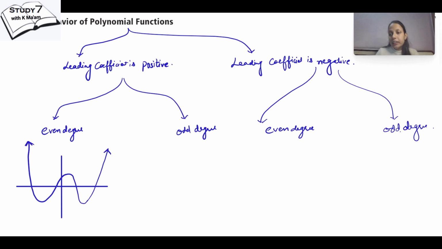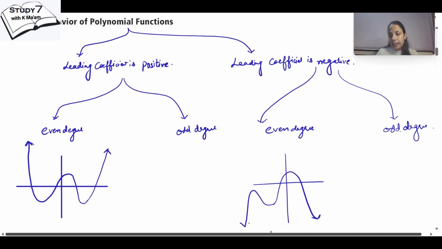Same in an even degree, if the coefficient is negative, it will show downward behavior on both sides. Whatever it is, both will go down. In the even degree, coefficient positive, both ends go up, and in an even degree, coefficient negative, both ends go down.